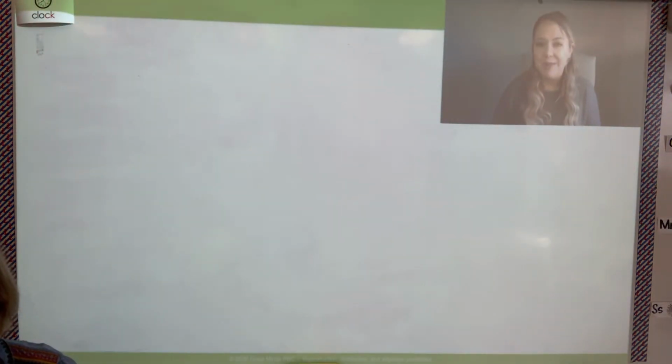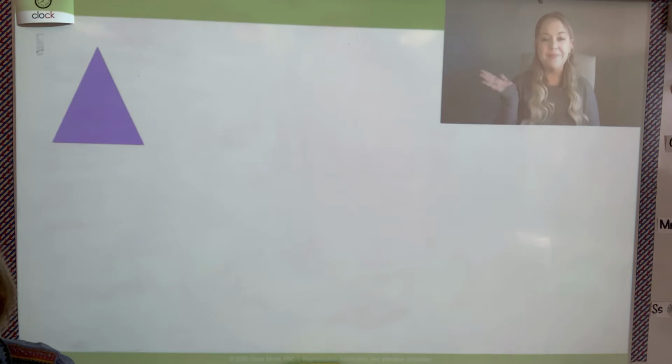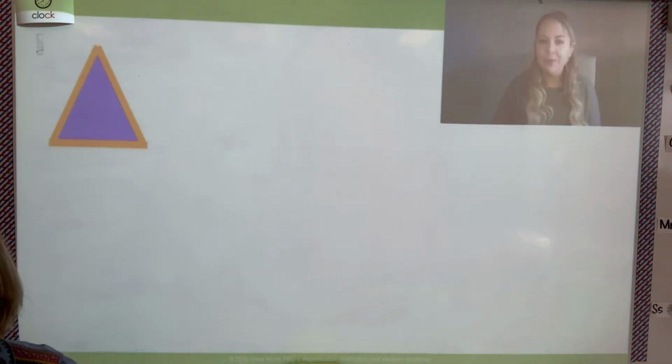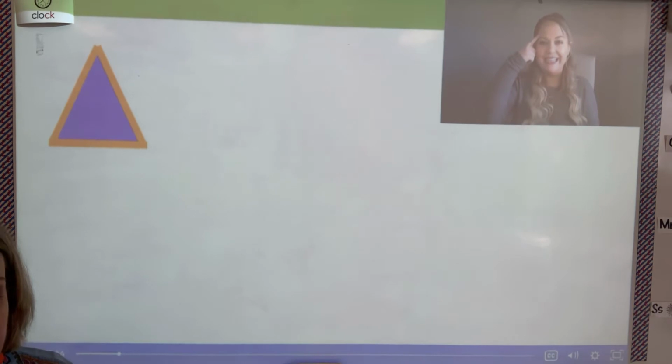I have a shape that has 3 sides. Do you remember what we call a shape with 3 sides? Think about it. Okay, who wants to tell me? What's the name of this shape? Alan, what's the name of this shape?